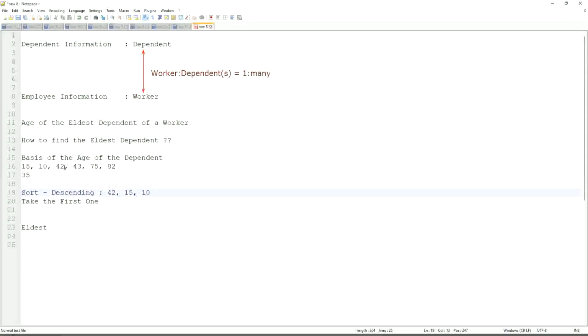Right. Only one problem is if there are multiple dependents with the same age. If there are only children as dependents, and there is a twin of the same age, at that point it becomes difficult, but other than that it is more or less foolproof.